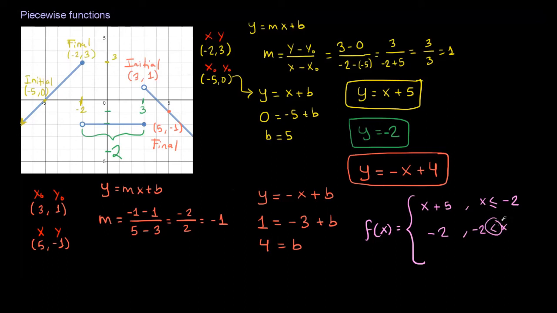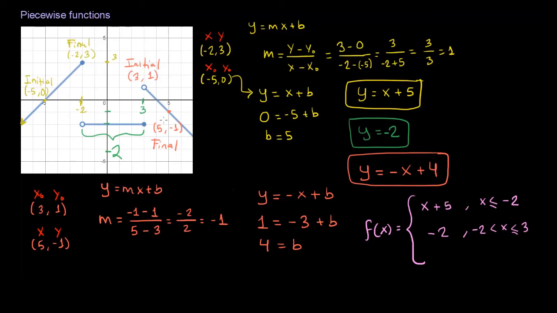We use the less-than symbol because it is not included. And the other one, the 3, is actually included, so we have to use less than or equal to 3. We use the equal sign here because it's included.